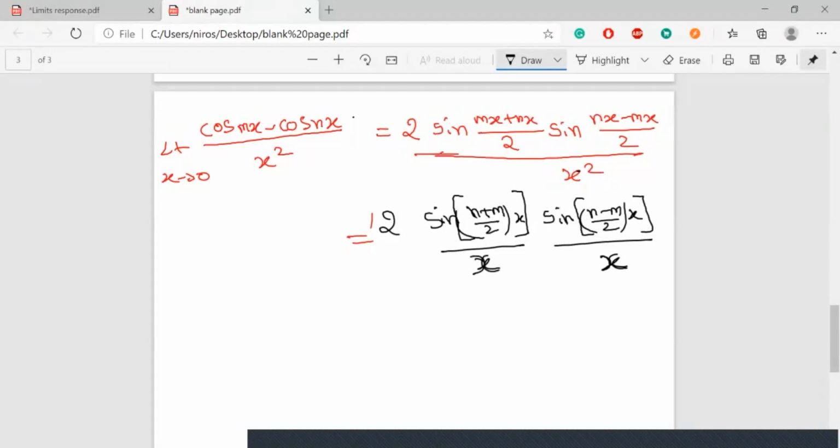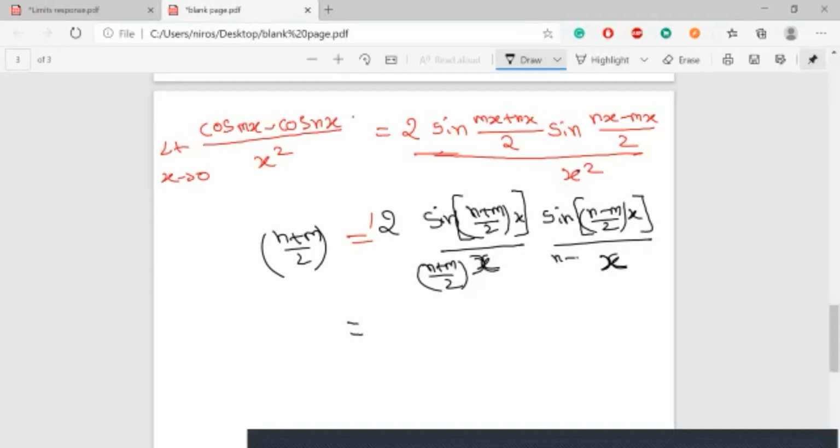Now, for n, I have to get the same thing: sine of some angle by x. I have to get (n plus m) by 2 over here, so I multiply with (n plus m) by 2 over here. Same thing, (n minus m) by 2: I have multiplied by (n minus m) by 2, into 2 into this one.